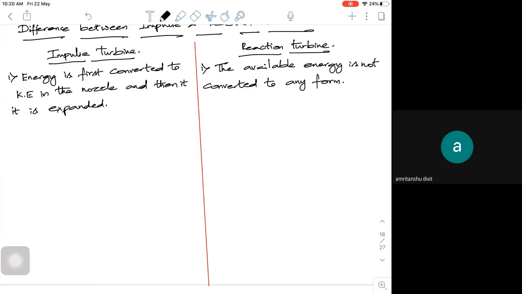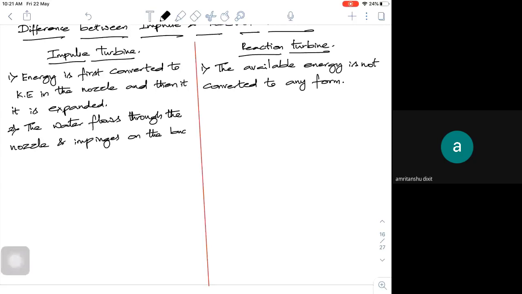So the second point: in an impulse machine, the water flows through the nozzle and impinges on the buckets, which are fixed on the wheel.